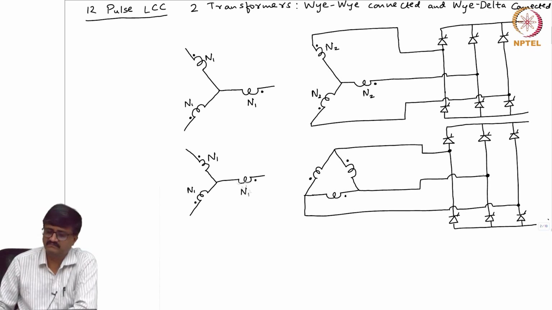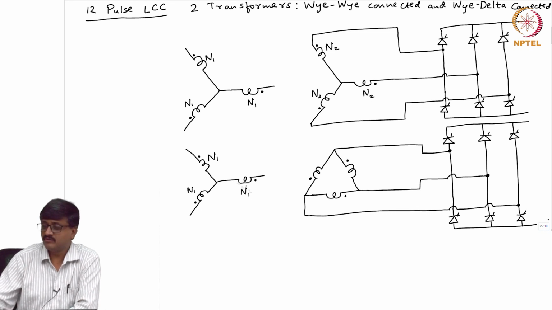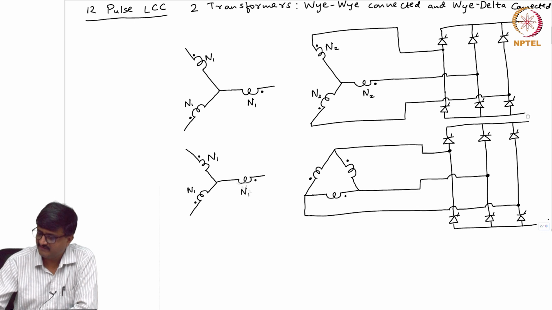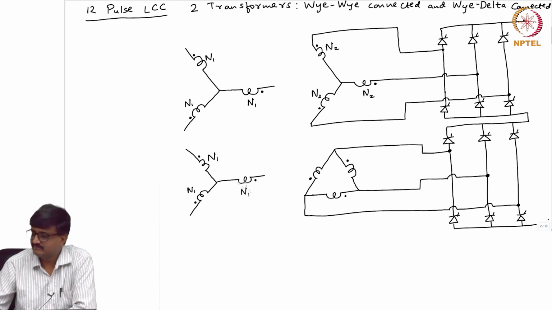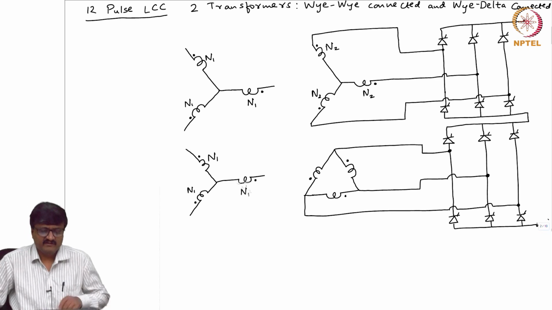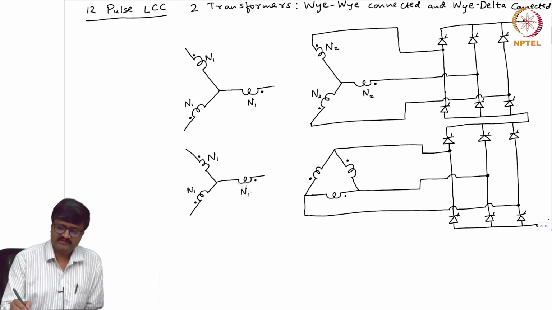And there are two DC sides corresponding to the two 6 pulse LCCs. What we do is we connect the negative terminal of the first 6 pulse LCC to the positive terminal of the second 6 pulse LCC. So, finally, we get only two terminals here on the DC side of the 12 pulse LCC, and we also short the terminals of the Y side of the two transformers.